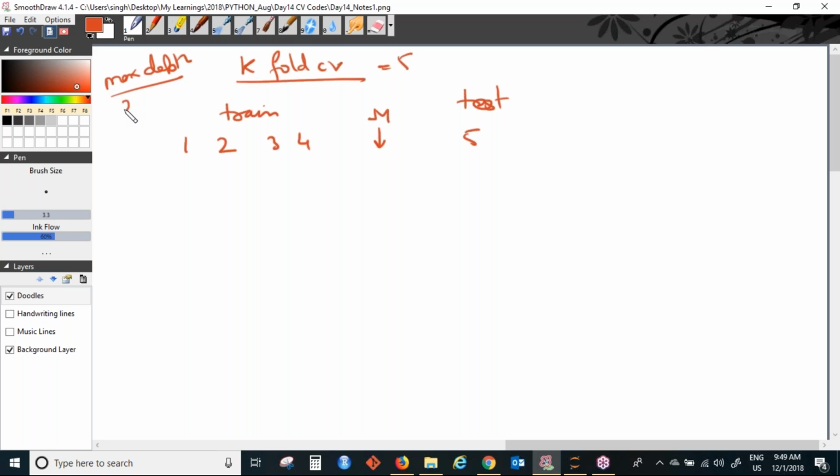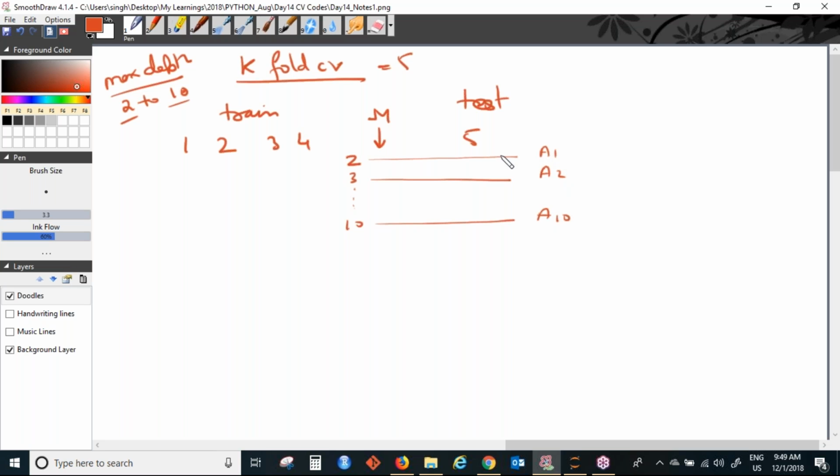Let's say we vary it from 2 to 10 and see what is the best value within 2 and 10. So we will create a model and calculate the accuracy for a max depth of 2, and let's say we get accuracy A1. For a max depth of 3, let's say we get accuracy A2, and so on till 10, and we get accuracy A10.